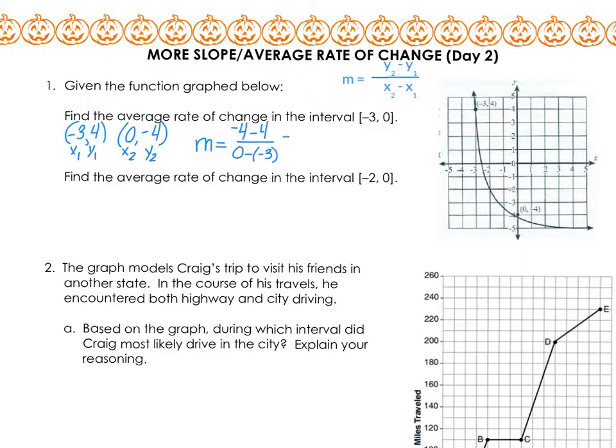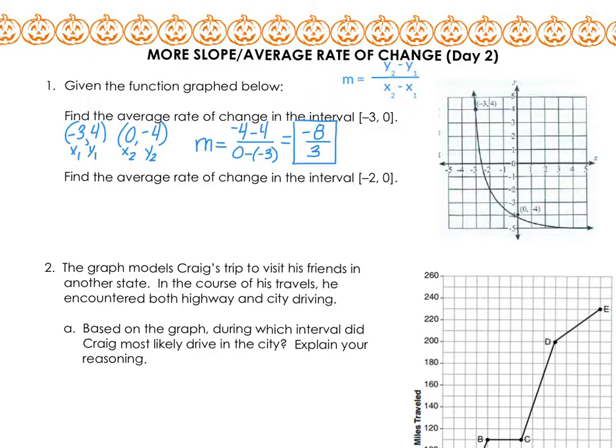So I get -4 minus 4, that's -8, and 0 minus -3 is 3. So my slope is -8 divided by 3, and I can put that in my calculator and math frac it back, and it'll give me the same thing again. So my slope here is -8 over 3.